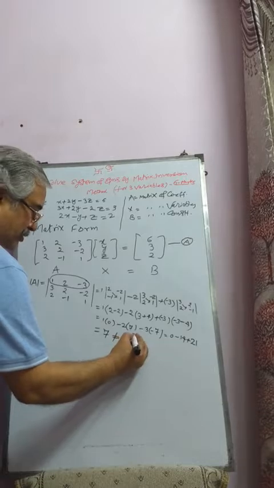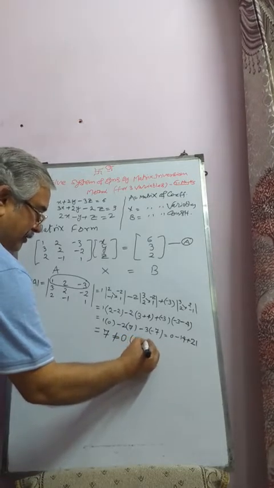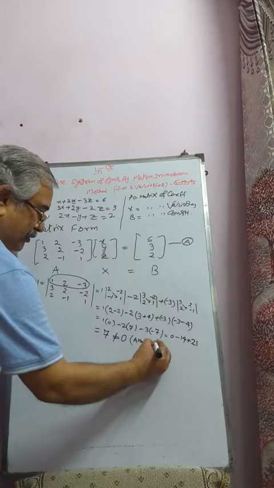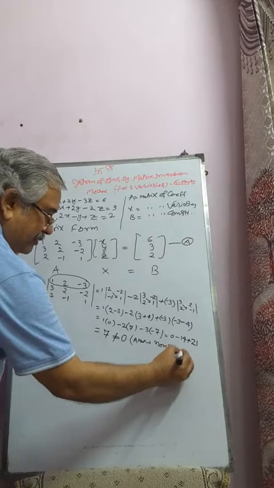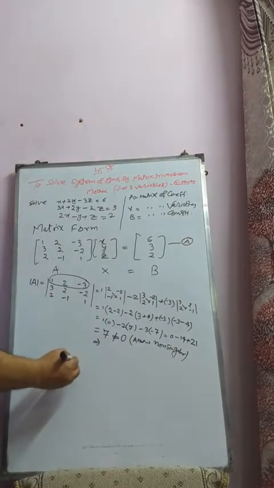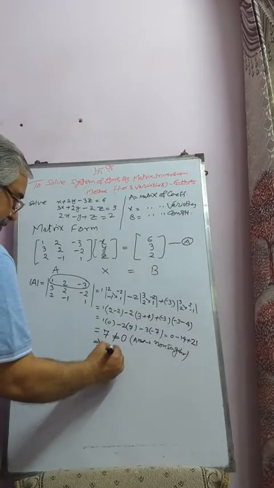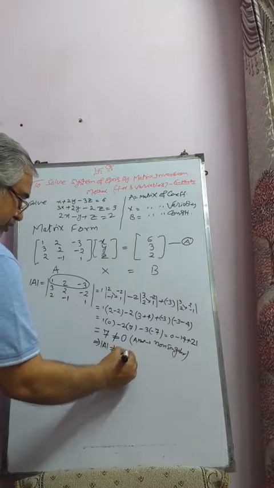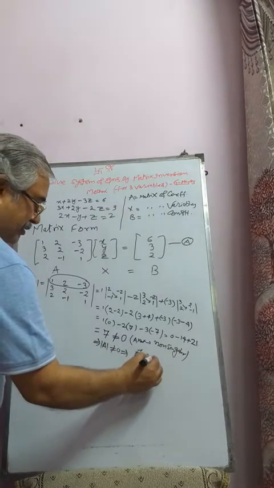This means A matrix is non-singular, and also implies determinant A is not equal to 0. It means A inverse exists.